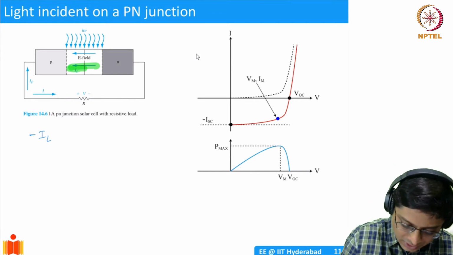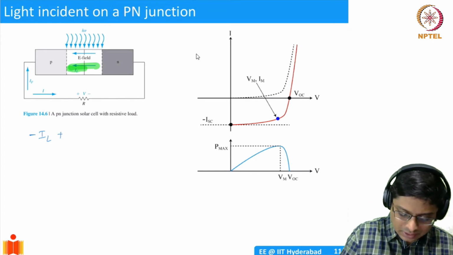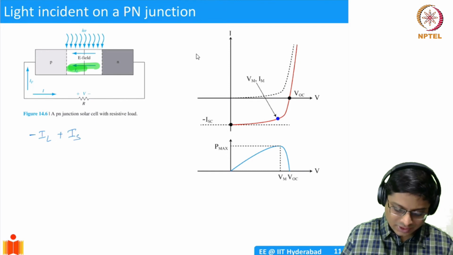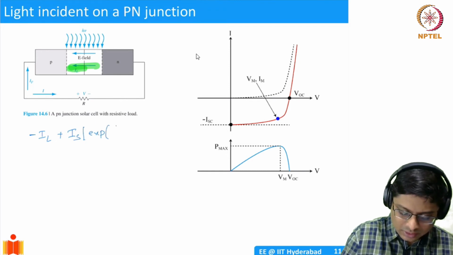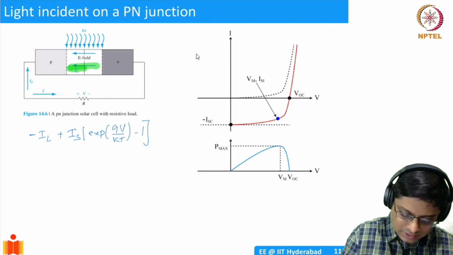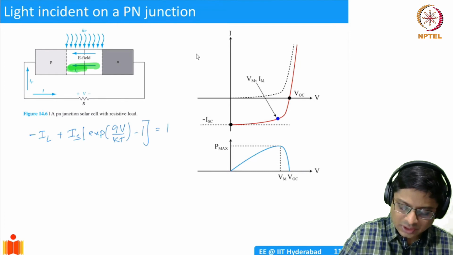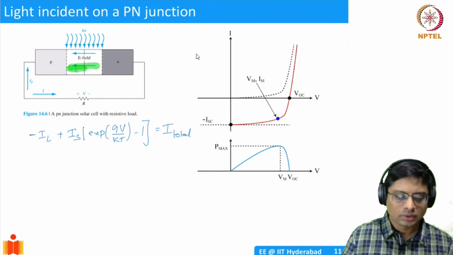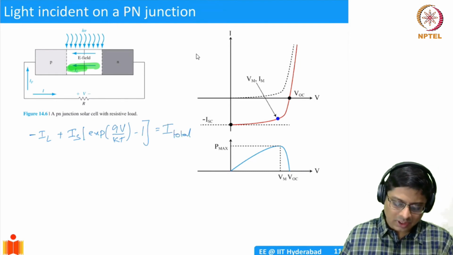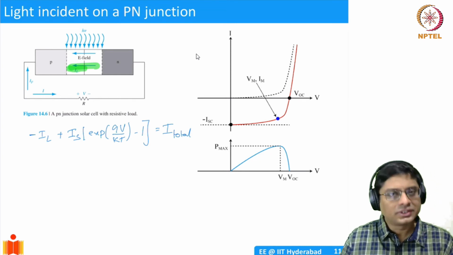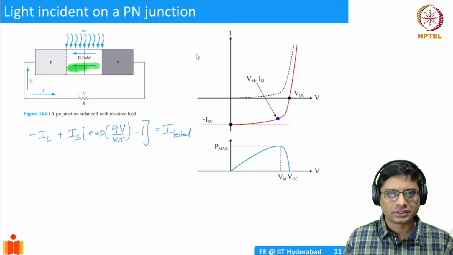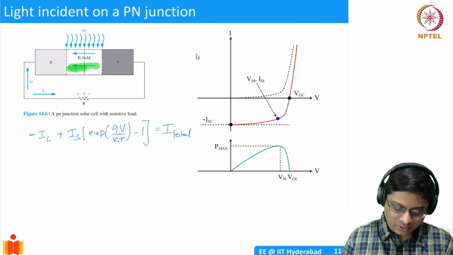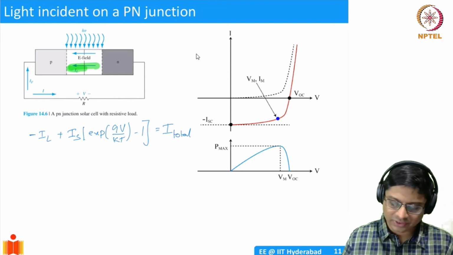So this gives you a current which is going to be IS, the reverse saturation current, times exponential QV by KT minus 1. This entire thing is essentially going to be a total current, I total. So you have the diode current plus the light generated current, and that is your total current, taking into account the direction of the current. So there's a minus IL for this.